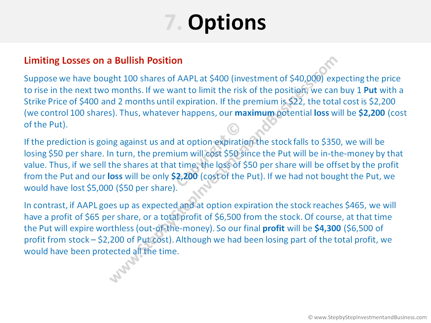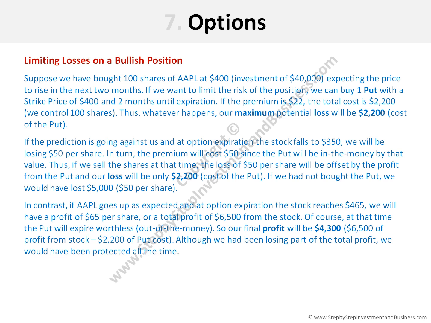We control 100 shares. Thus, whatever happens, our maximum potential loss will be $2,200, which is the cost of the put. If the prediction is going against us, and at option expiration the stock falls to $350, we will be losing $50 per share.